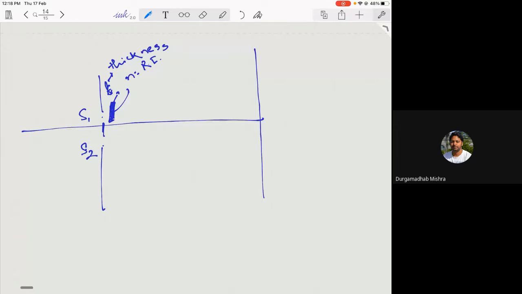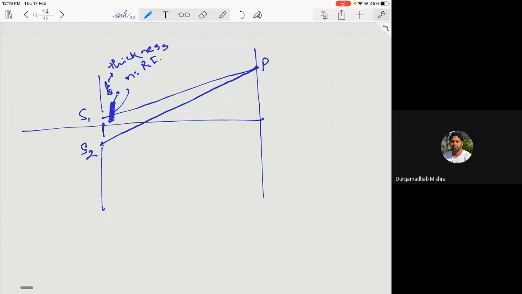Do I have interference or not? If I look at this point P, should I get an interference or not? That is the first question. Yes, sir, we can get. Yes, you will still observe an interference pattern because it is still a coherent beam.